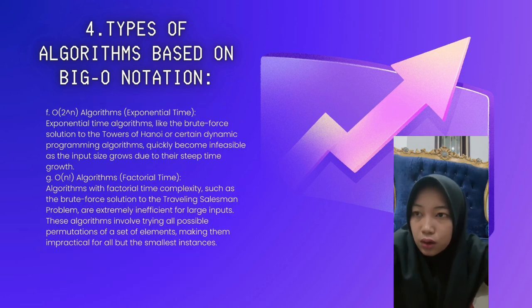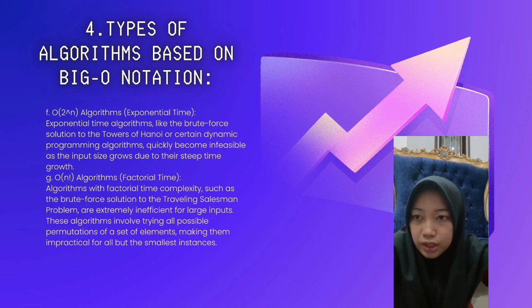F. O(2ⁿ) algorithms, or exponential time. Exponential time algorithms like the brute force solution to the Towers of Hanoi or certain dynamic programming algorithms quickly become infeasible as the input size grows due to their steep time growth. G. O(n!) algorithms, or factorial time.